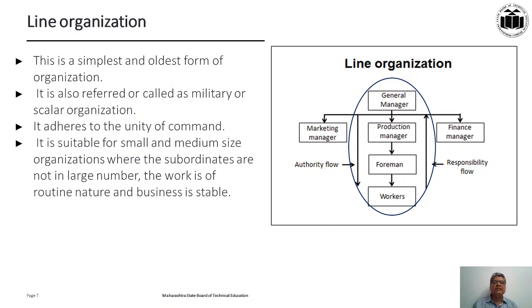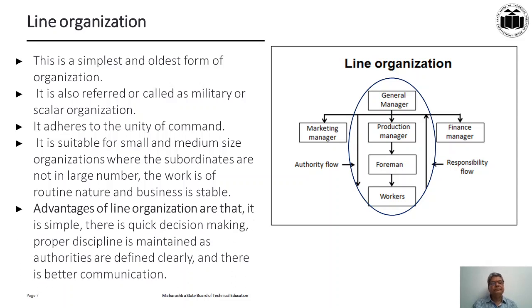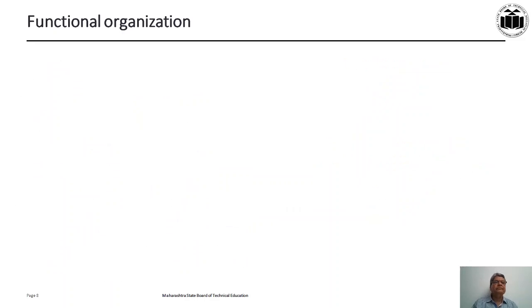Where the organization is small, you can have such a type of organization. The work is of routine nature, so there is no complexity of the work, and the business is stable. Advantages of line organization are that it is simple, there is quick decision making, proper discipline is maintained as authorities are defined clearly, and there is better communication.